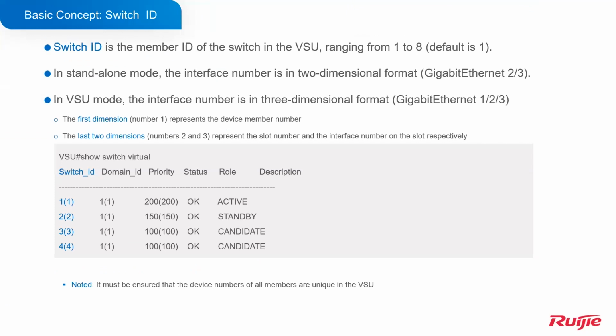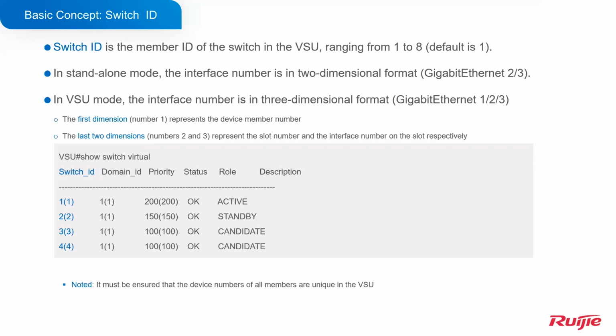First, let's talk about the switch ID. The switch ID is the member ID of the switch in the VSU. We limit the range from 1 to 8, and by default, the value is 1. That means by default every switch has the same switch ID.